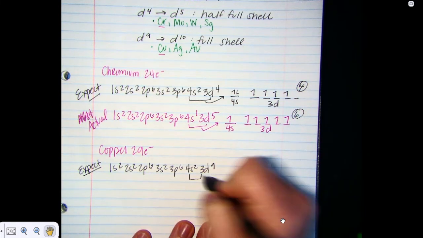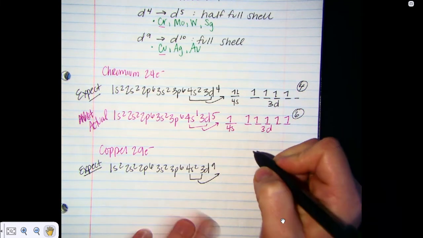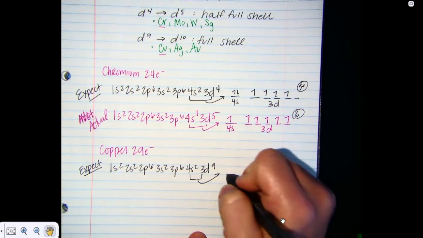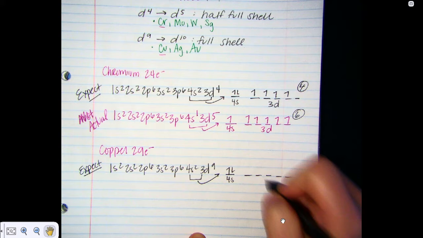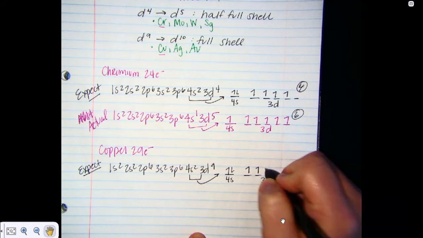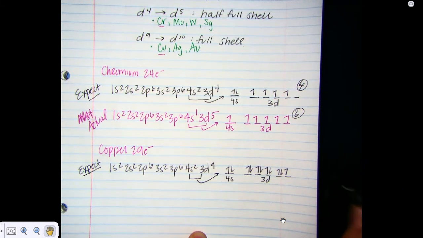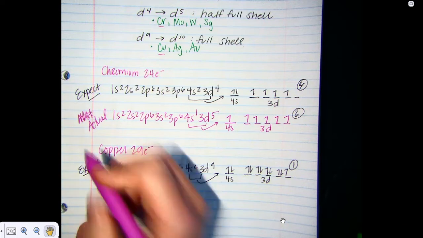And then for the orbital diagram, if I just show the last part, because we know that all this part is full, 4s2, 3d, 1, 2, 3, 4, 5, 6, 7, 8, 9. So 1 unpaired electron.